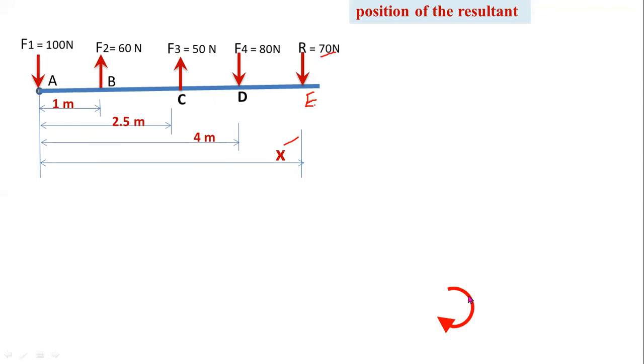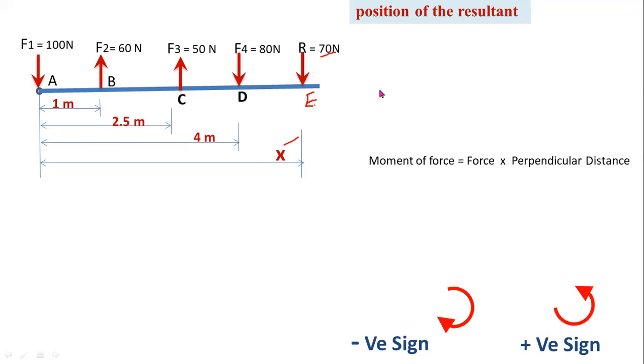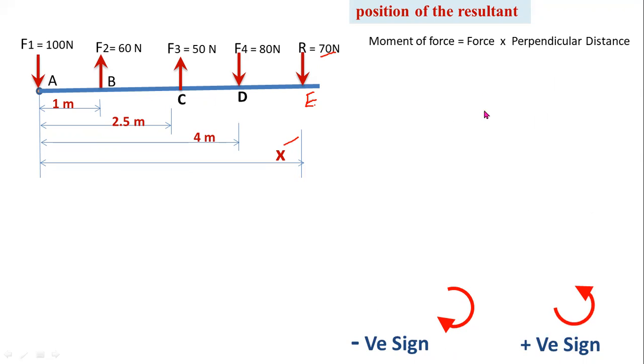You have to consider these signs for moments. For clockwise movement, consider negative sign. For anti-clockwise movement, consider positive sign. These are the important sign conventions for moments. Moment of force equals force times the perpendicular distance between the force and the point.